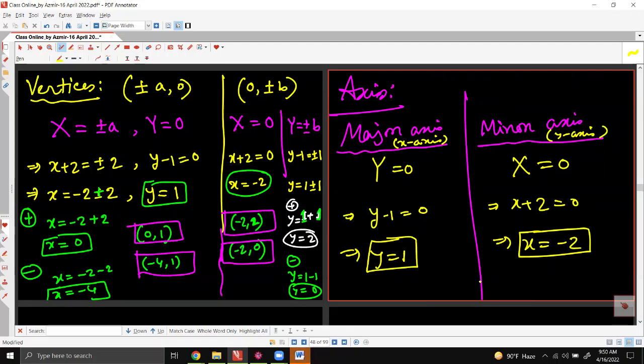We can also find the length of the major axis. We know that its length will be 2a. That means 2 times a is 2. So 2 times 2, that is 4. So this is the length of the major axis. If we have to find the length of the minor axis, then the formula says that it is 2b. So 2 times b is 1. So 2 times 1 is 2. So this is the length of the minor axis. So this is also done.